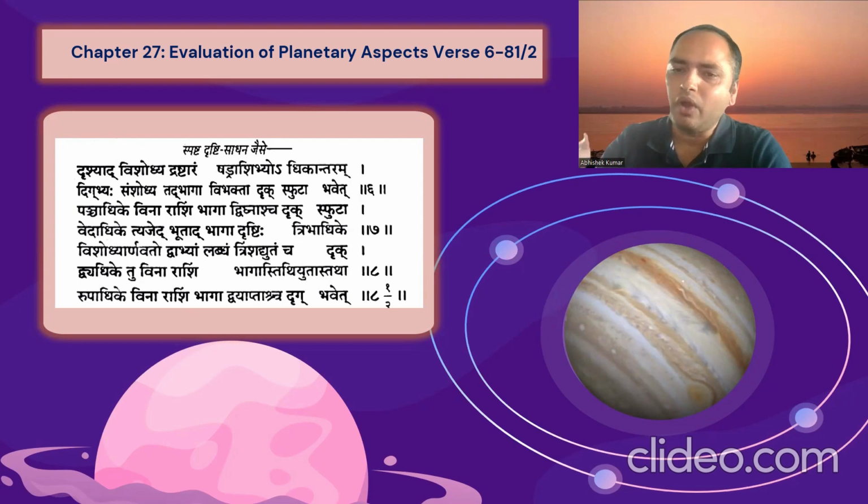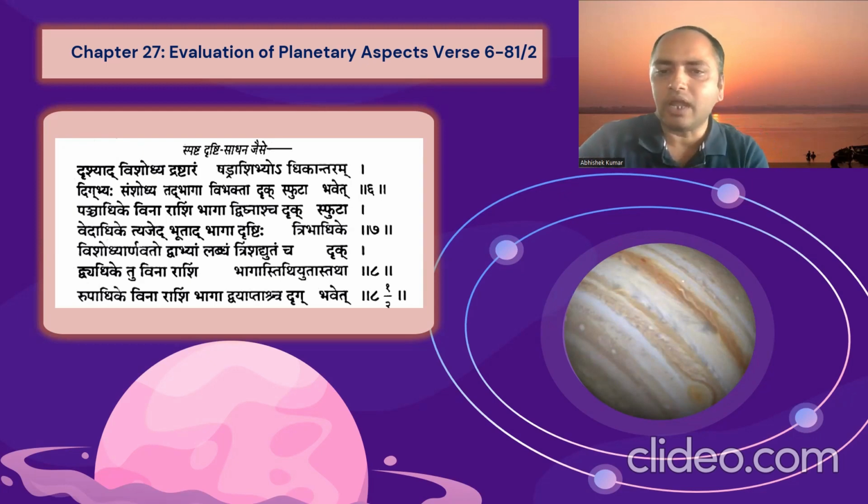So you have to get the longitudinal difference, the longitude of the aspected deducted from the longitude of Mars in this example. Then you will get a value. That value is called the aspectual angle.